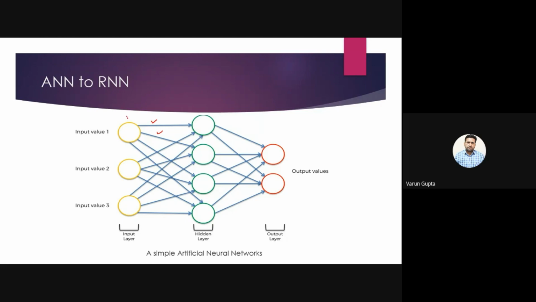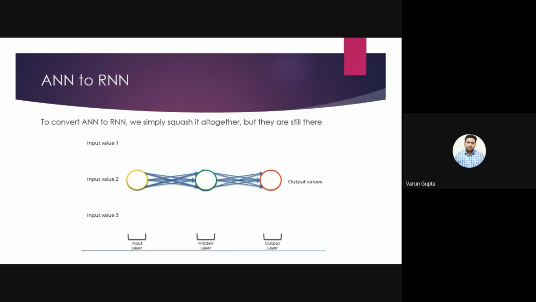If it is neuron one, neuron two, you can think of it as W21, W11, W21, like that. So all weights are different and have different values. But here, all inputs will share the weights. So there is a concept of weight sharing. That is the first difference.